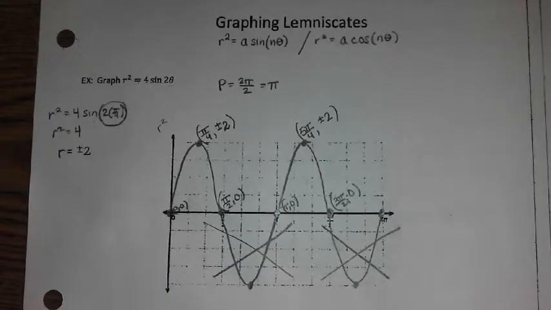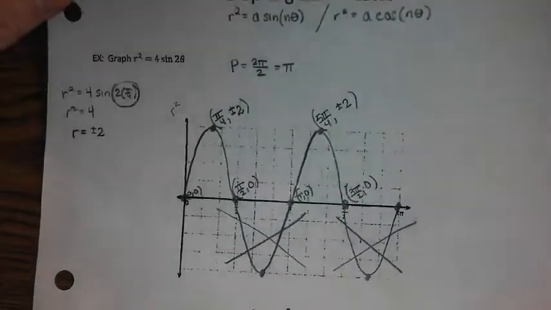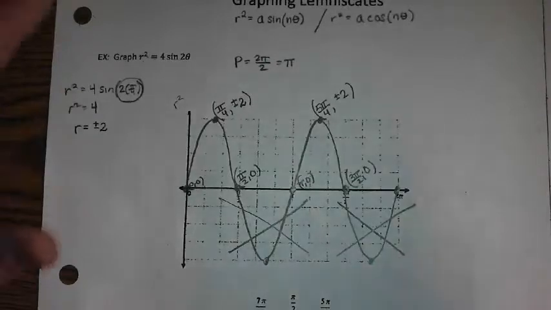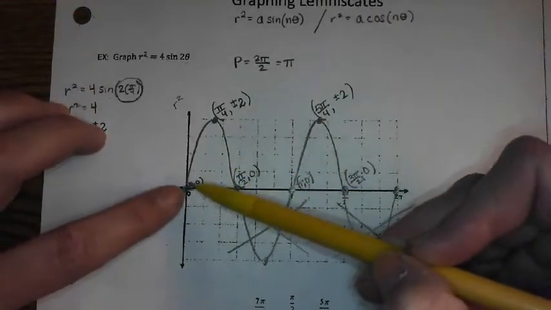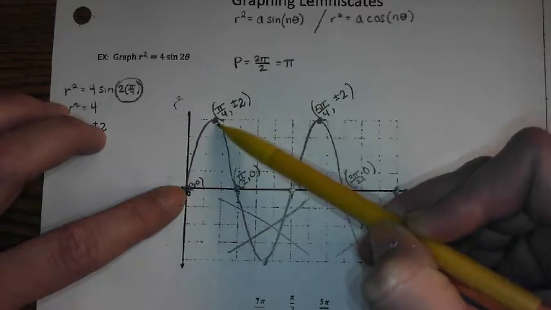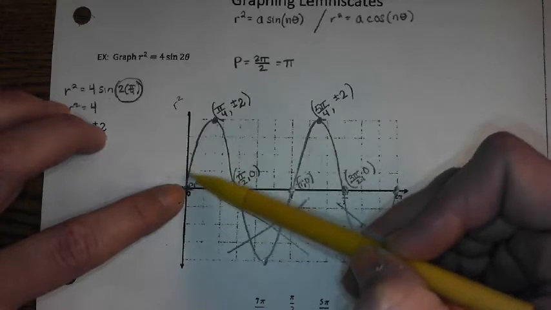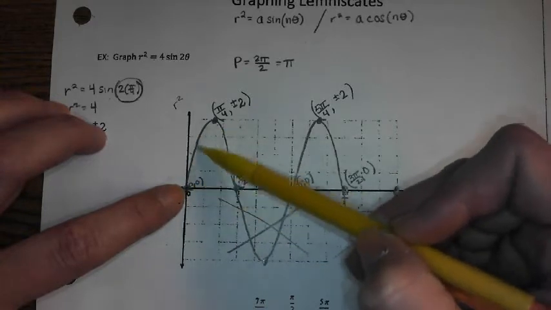Okay, so let's see what we make of this. Is it fair to say that as we move from a theta of 0 to a theta of pi over 4, all of these coordinates will have a plus or minus r value along the way?